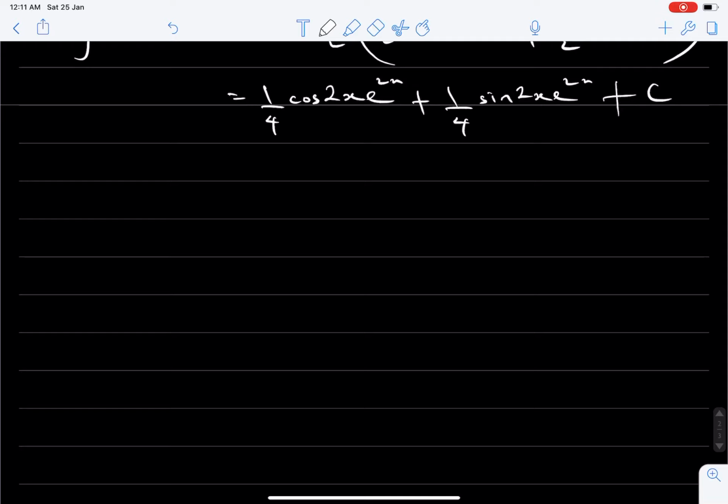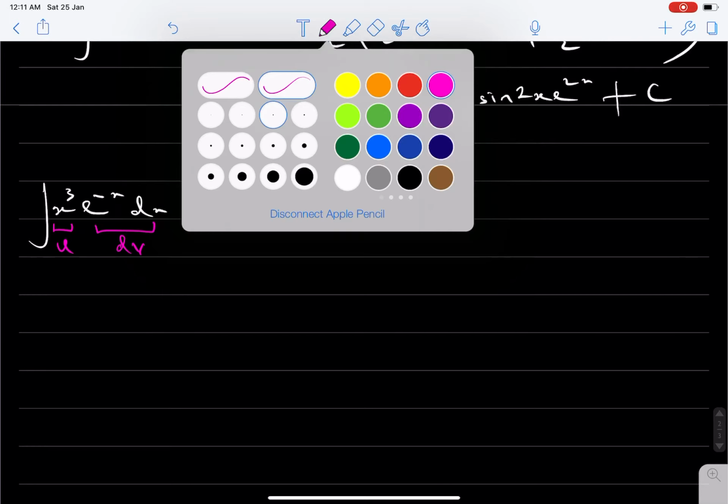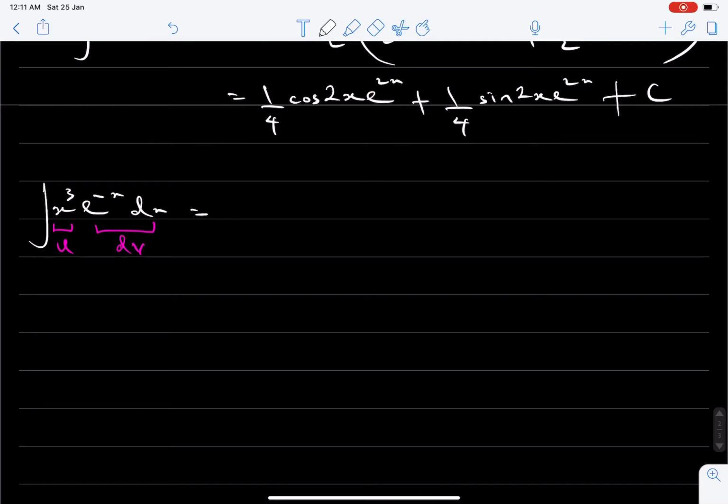Evaluate the integral of x cubed e raised to power minus x dx. Here u is x cubed and dv is e raised to power minus x dx. So that's equal to u, which is x cubed, multiplied by v.